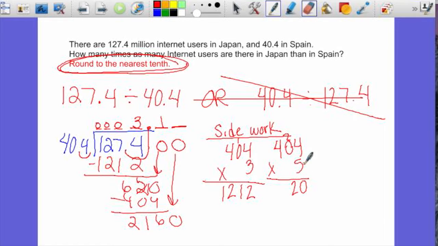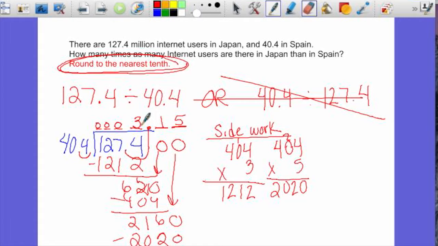So it's just 2. 5 times 4 is 20. 20, 20. Okay. That will work. That is less than what we've got here. So 404 into 2,160, about 5 times, which is 2,020. And from here, I'm done. I don't really need to go on because I don't care about the remainder. I've got what I need up here. So I go ahead and I can stop and find my answer.